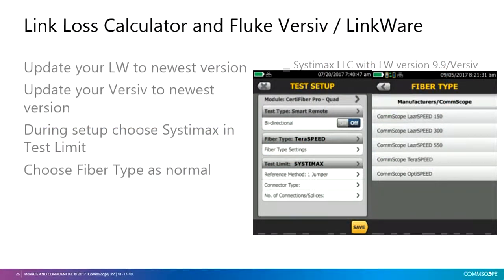Before moving to the examples, we have additional features in our link loss calculator. It is pre-built into the Fluke machines, so if you have a Fluke machine, you can update to the latest firmware version. The SYSTIMAX link loss calculator comes with version 9.9, and during the setup of SYSTIMAX it will ask you for a couple of options.